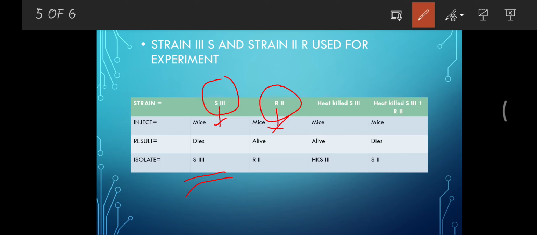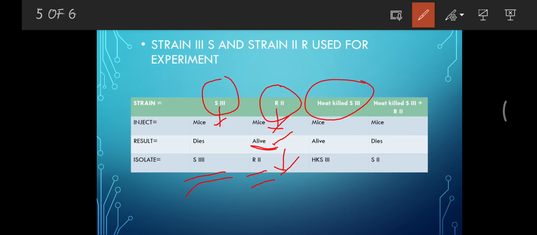Because it is non-virulent, non-pathogenic and non-capsulated, the mice do not die because they do not get the disease, and thus they stay alive. And what did he isolate from that live mouse?